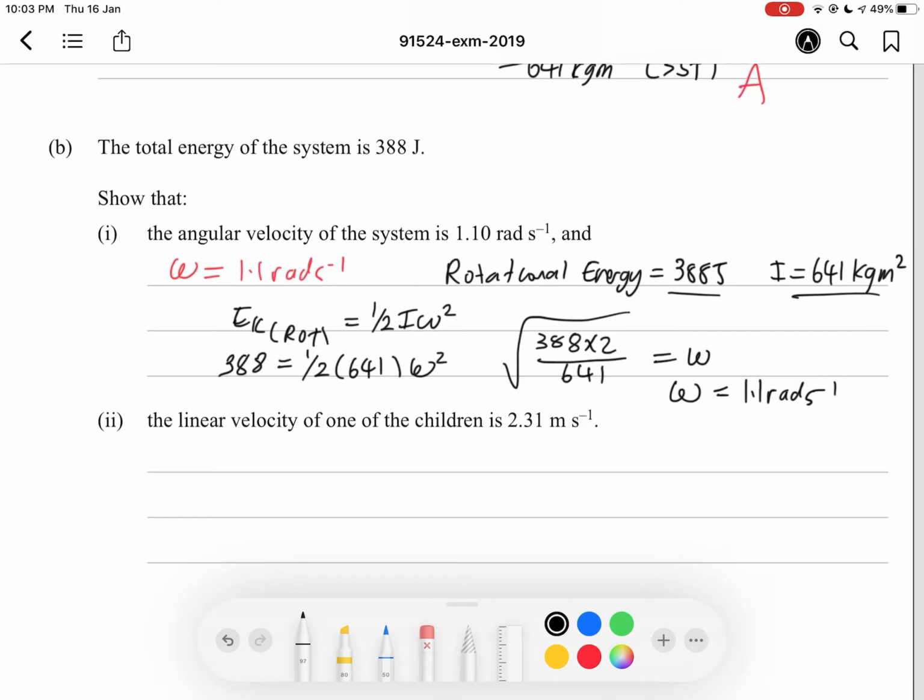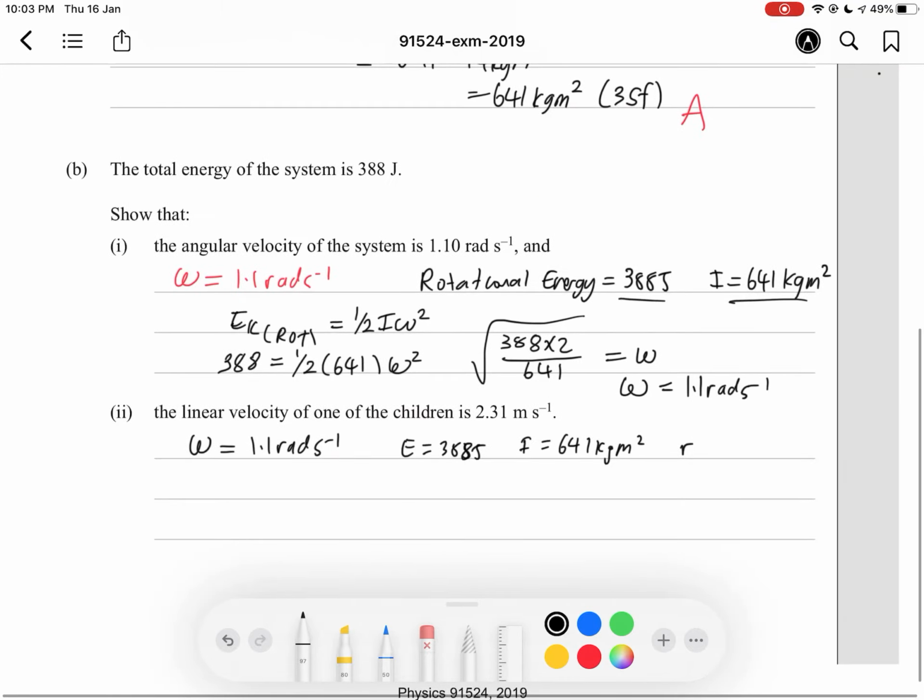And we have to show that the linear velocity of one of the children is 2.31 meters per second. So in this case, we have the angular velocity of the system as 1.1 radians per second, the energy is 388 joules, the inertia is 641 kilogram meters squared, and the radius is 2.1 meters.